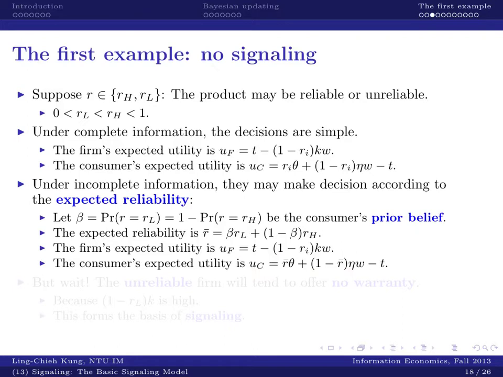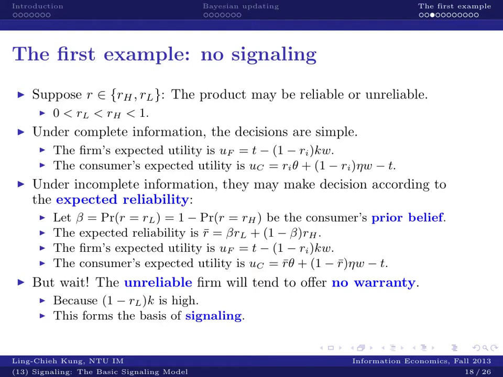This is the case if the consumer is extremely naive, meaning the consumer does not take the manufacturer's decision into consideration. However, if the consumer is rational enough, then the consumer should notice that the unreliable firm will tend to offer no warranty.